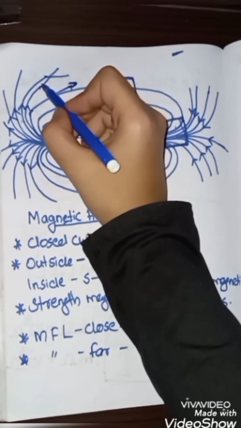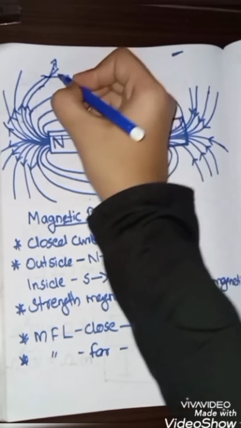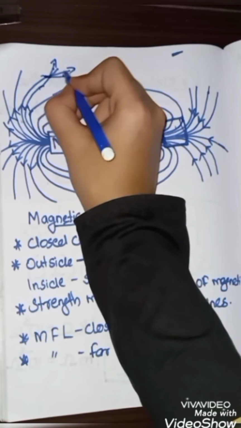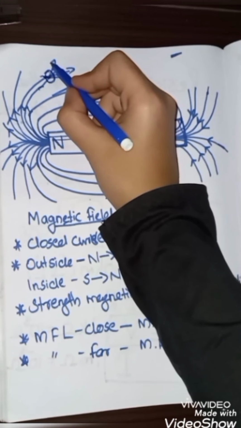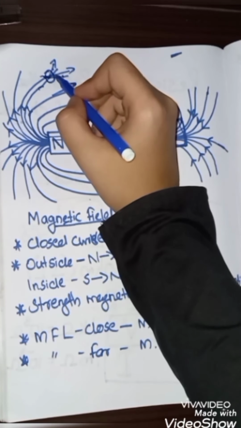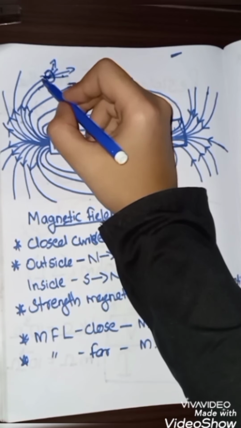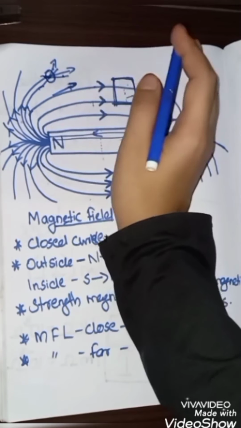Okay? And when they intersect each other, the magnetic field has two tangents. At the same point, it has two directions. Here it gives two directions at the same point when the magnetic field lines intersect each other. So it is not possible.